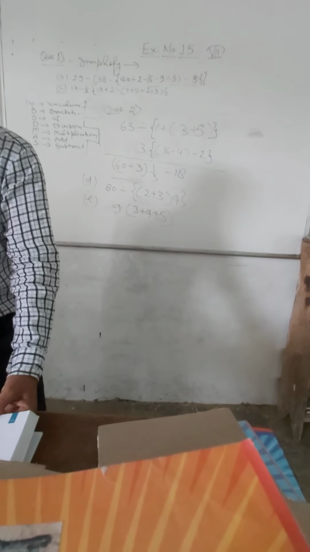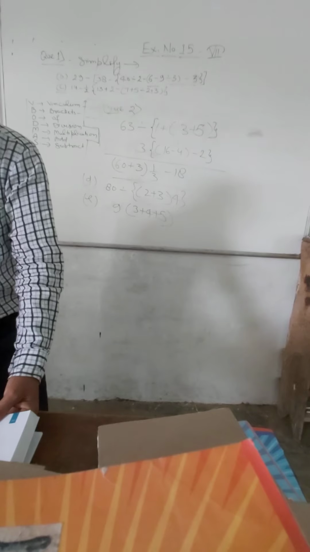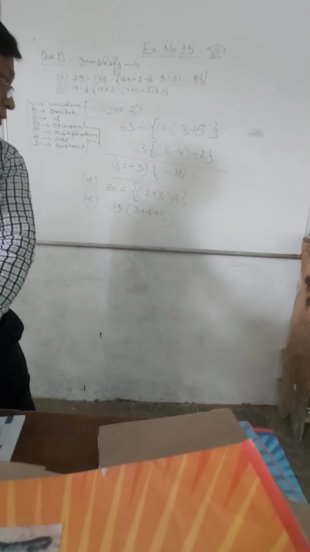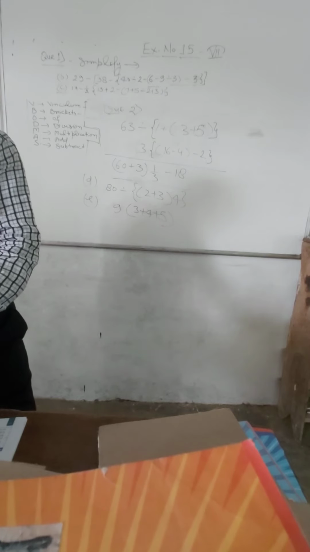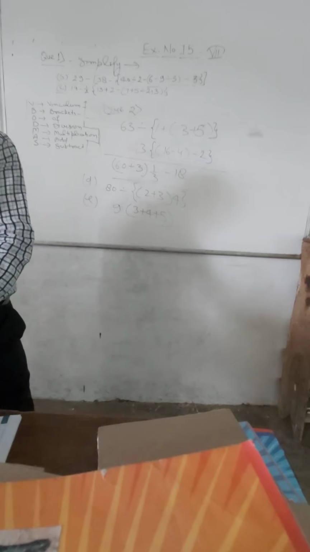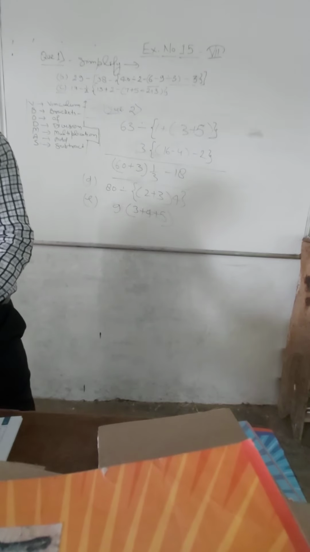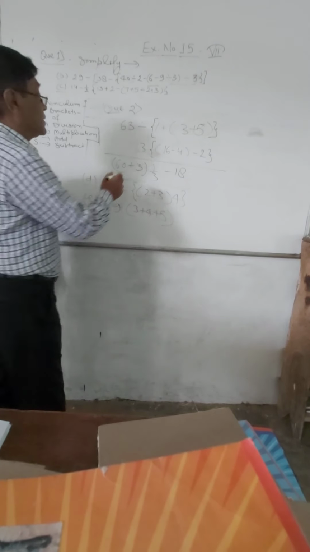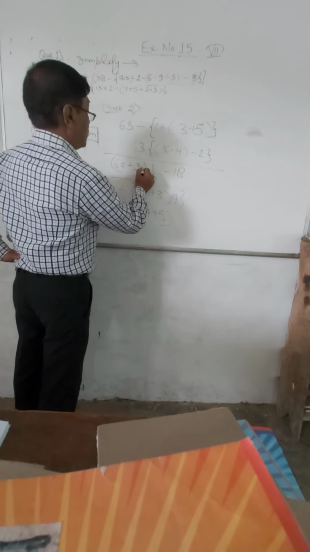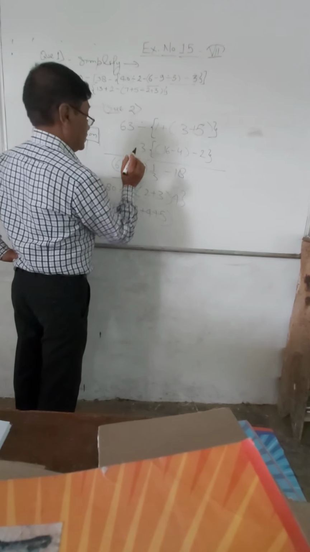Again, 5 minutes. So 9 into 3 plus 4 plus 5, 1/3 of 60 plus 30. Question number C: 60 and 30. Here 60 plus 30 is not there, so here you can do the correction, 30.